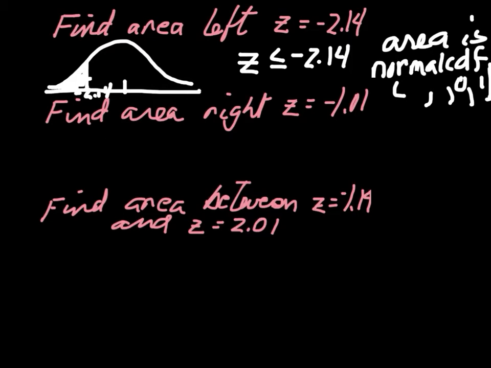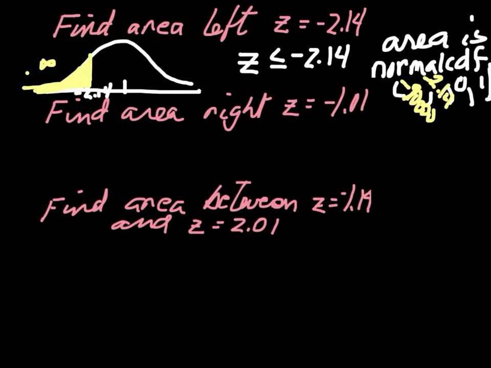When I look at my picture, the number furthest to the right is negative 2.14. The number furthest to the left is basically negative infinity because it goes forever. So I need to put a big number in there, like negative 10,000, so that it will indicate my left bound.